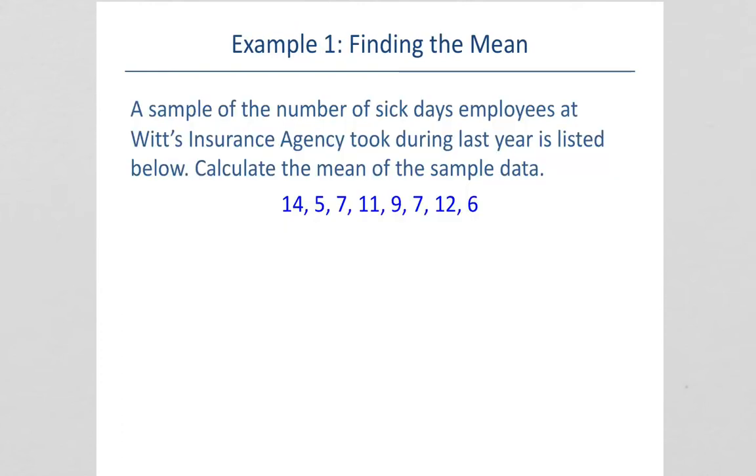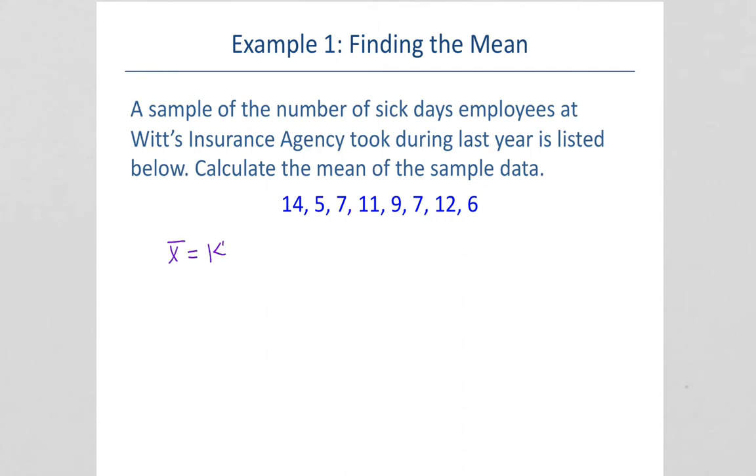So example 1 says a sample of the number of sick days employees at Witt's insurance agency took last year is listed below. Calculate the mean of this sample data. And again, this is just a sample. It's not the entire population, so we're using x bar.